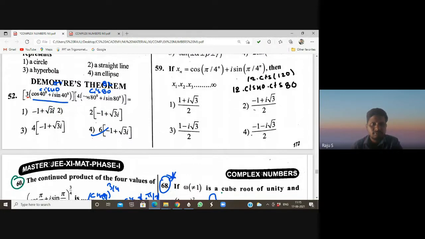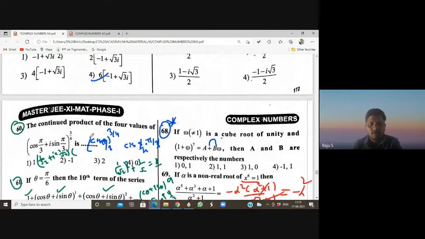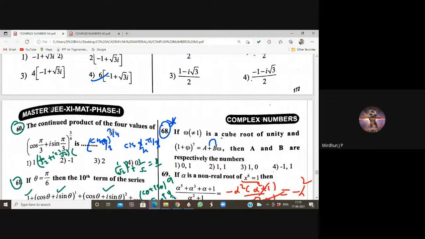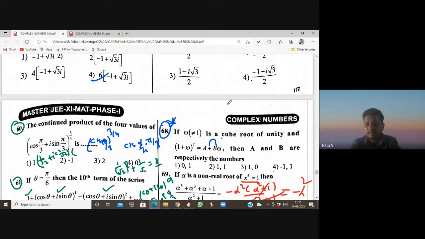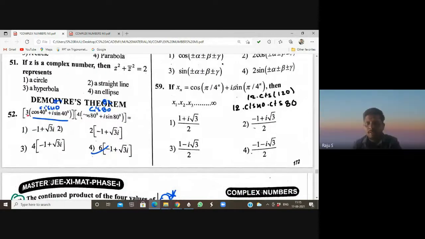We need to write some general solution like that, you know. Okay. Sir, 59, whether it's in GP or not, sir? It is GP only, no, sir? GP only. Substitute n is equal to 1, n is equal to 2, n is equal to 3.